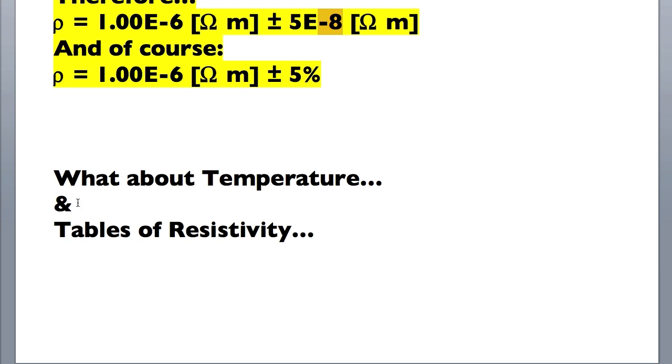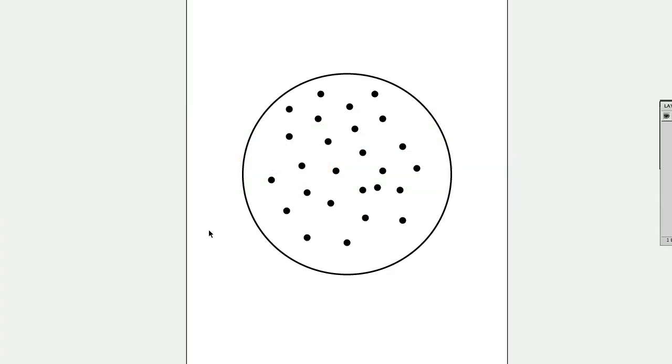Now, what about temperature and a table of resistivity? Let's make a quick word about temperature. Right here we have represented a cross-sectional area of a wire, and in here we've represented it rather crudely, just atoms. The current is going to travel through the wire using the atoms that are available within the wire.